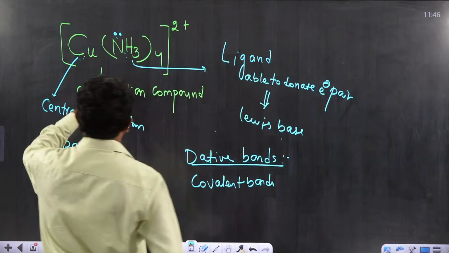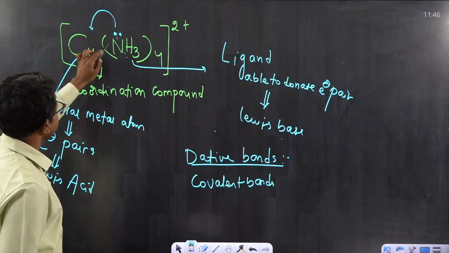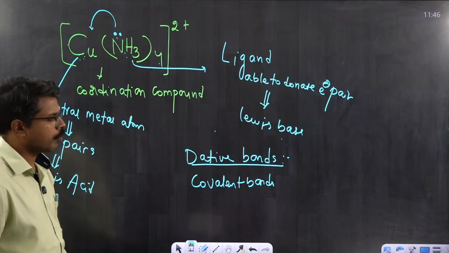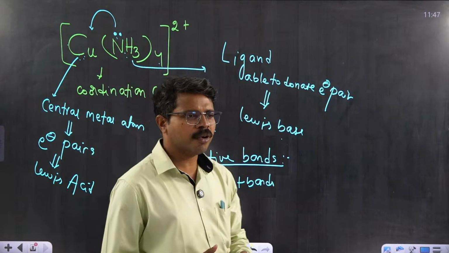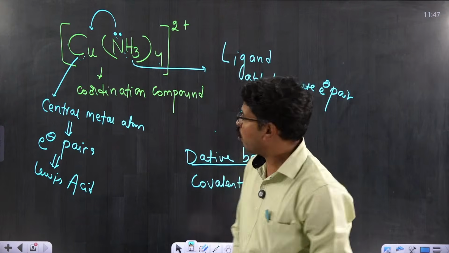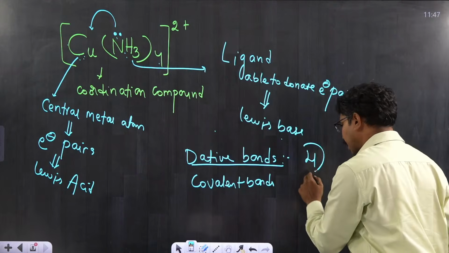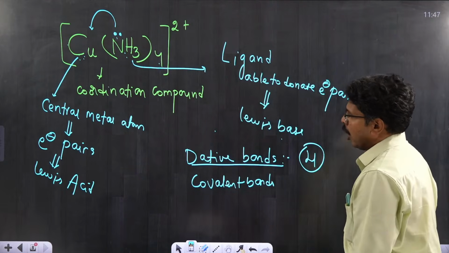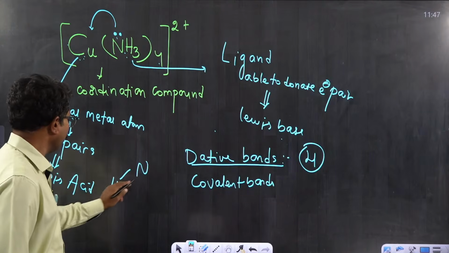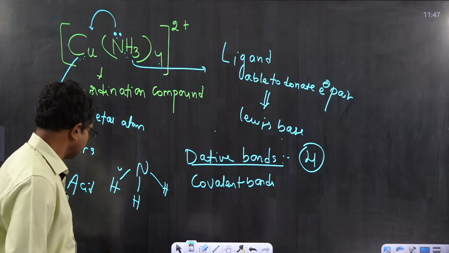So each ammonia is providing one lone pair to the copper. In total we have 4 ammonia molecules. Therefore, in total how many dative bonds can be expected? Yes, correct. Anshal, yes, 4 is the right answer. We can expect the total number of dative bonds as 4. Okay. And in ammonia, as we know, we have 3 covalent bonds.